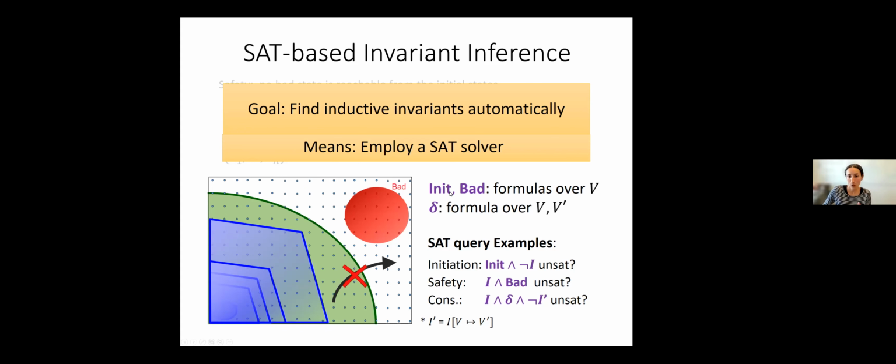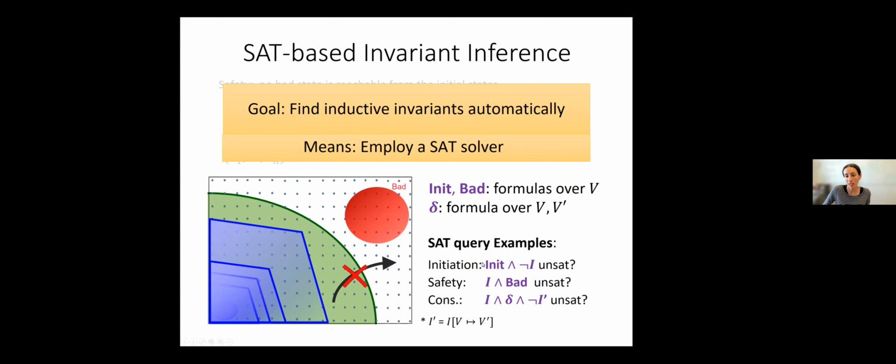And so if we have this, and we also have some candidate inductive invariant that is also a formula over these variables, then we can check all the requirements of an inductive invariant, initiation, safety, and consecution, just using a SAT solver.